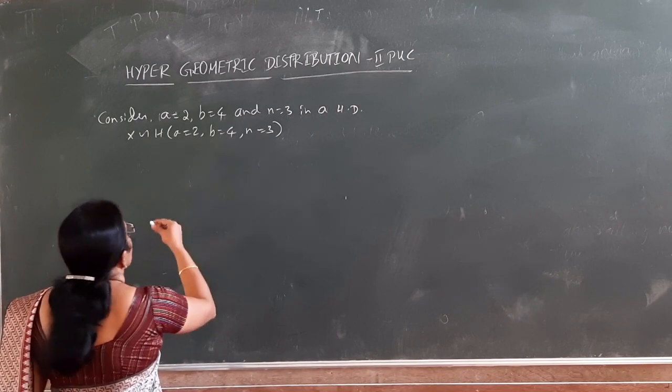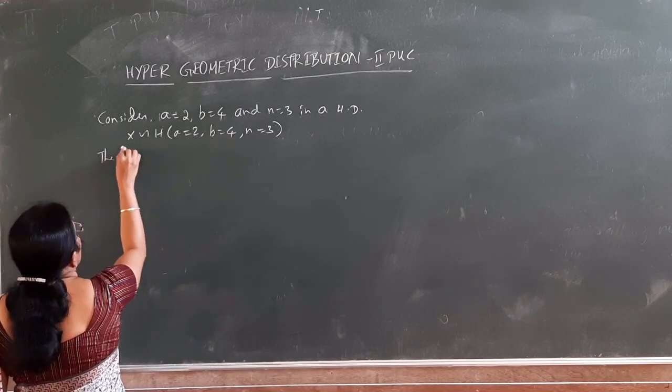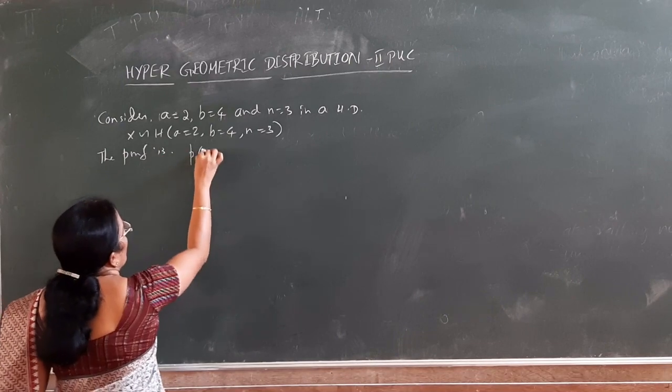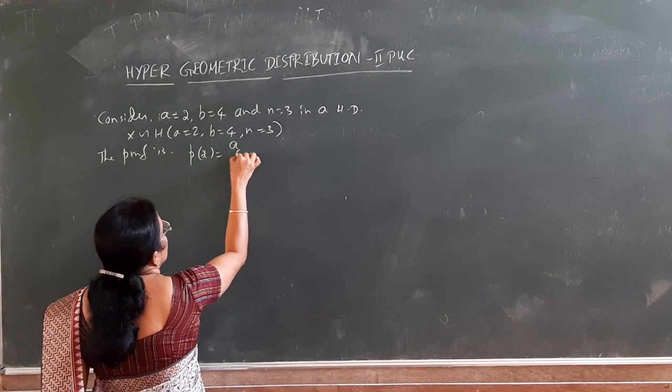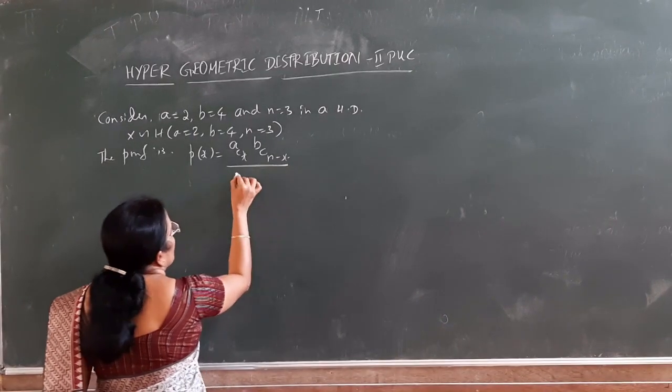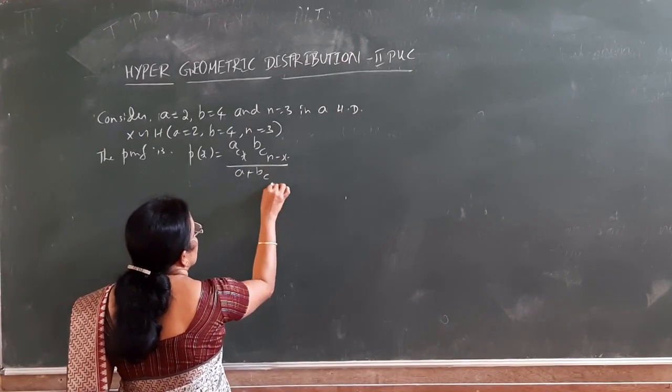Next, once you know the distribution, we can write the probability mass function. The probability mass function is P of X is equal to ACX into BCN minus X divided by A plus BCN.